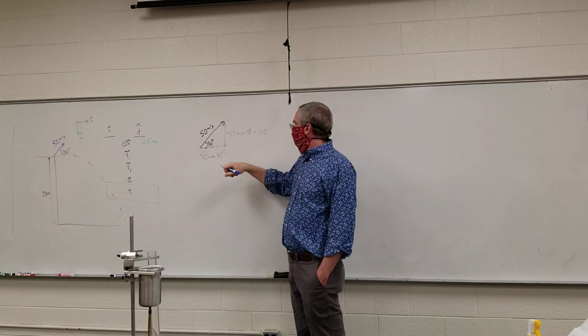So I have three things on the vertical, so I can find the other two if I need to. On the horizontal, I know two things, so I can't solve for anything yet. I guess potentially I could solve for final velocity here, horizontal, but that doesn't really help us much. What is my final velocity horizontally?